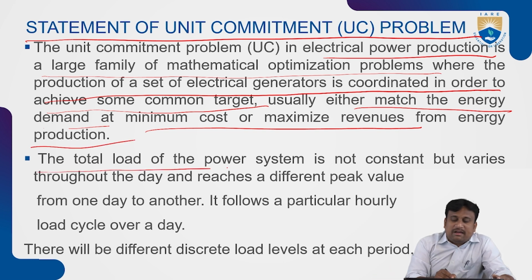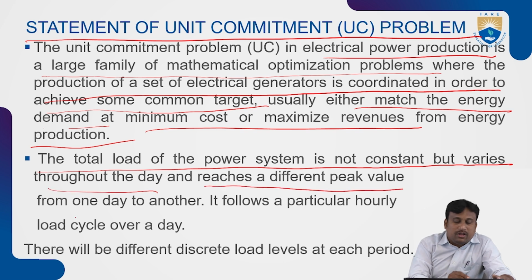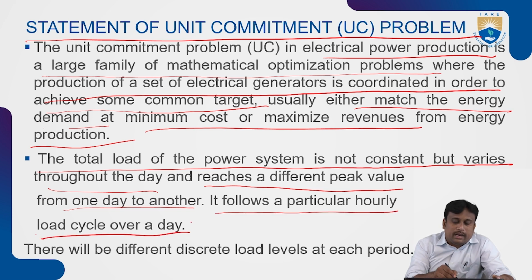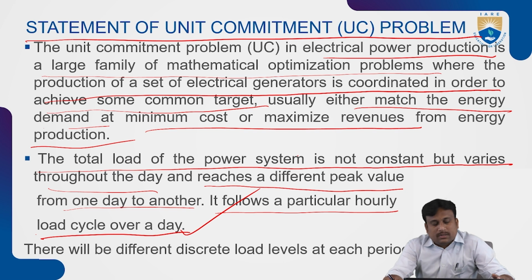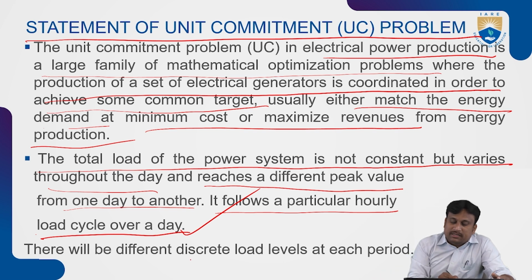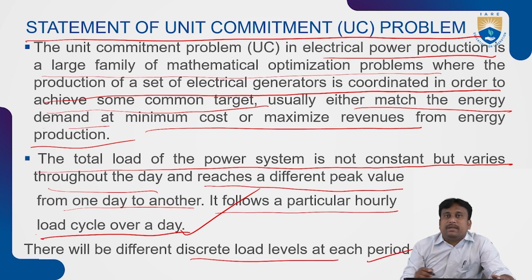The total load of the power system is not constant. It varies throughout the day and reaches a different peak value from one day to another. It follows an hourly load cycle over the entire day, with different discrete load levels at different intervals.